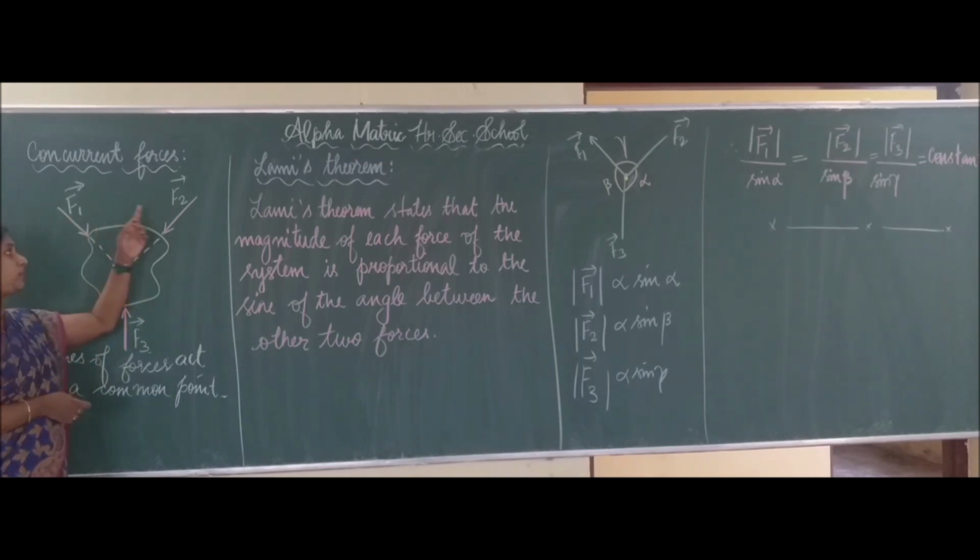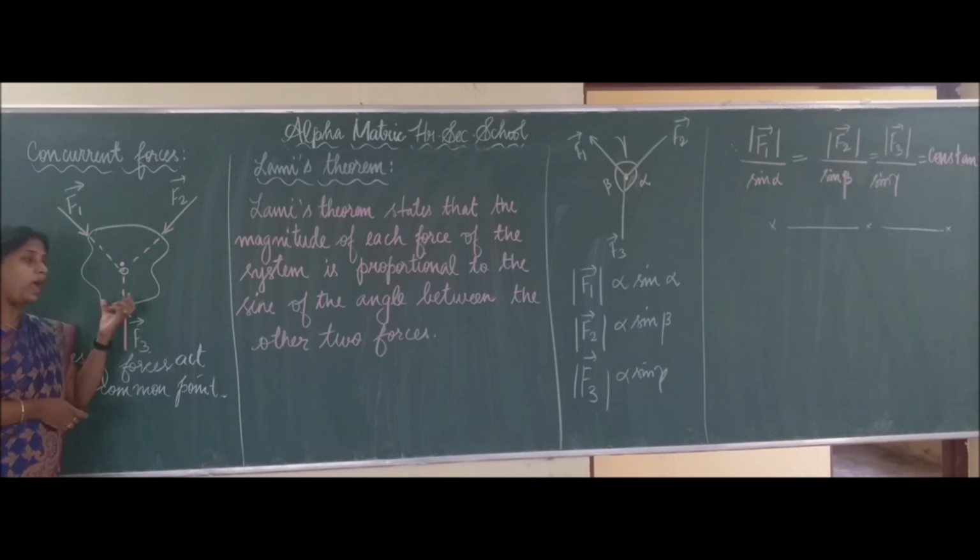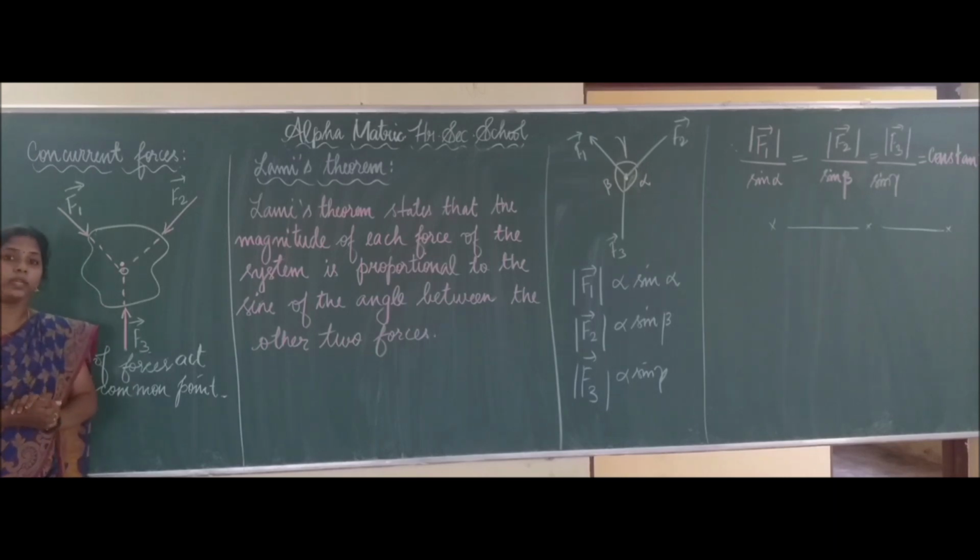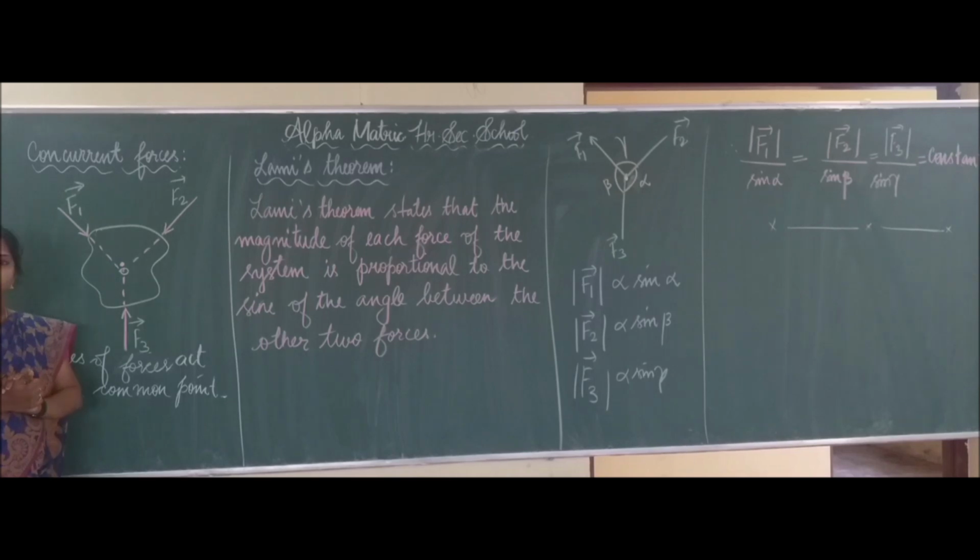These F1, F2 and F3 forces all act at a common point. Concurrent forces need not act in the same plane. Suppose they act in the same plane, then the concurrent forces are also called coplanar forces.